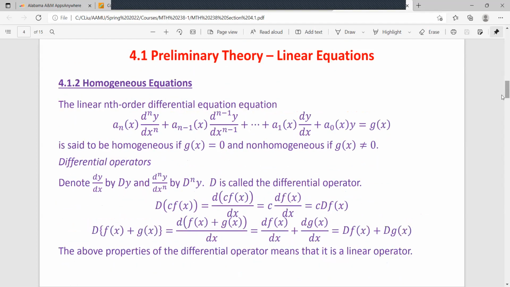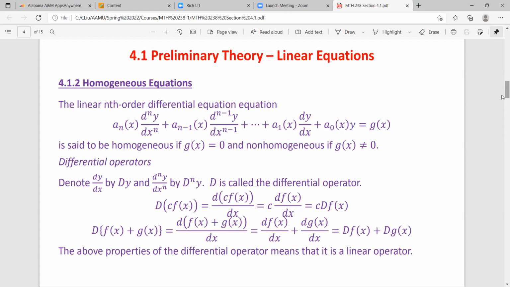All right, so let's just continue with this section, and we want to talk about a homogeneous equation now. So again, we want to start from the very simple cases, and this time we're going to start from the case where g(x) is 0.